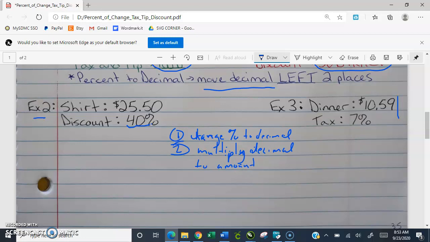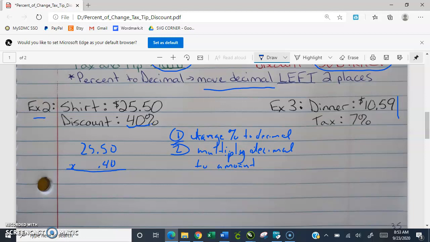So we have $25.50 times 0.40, because I moved my decimal to the left. So instead of 40%, it's 0.40 now.